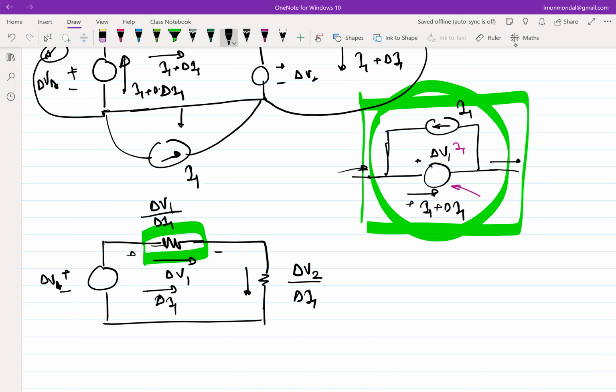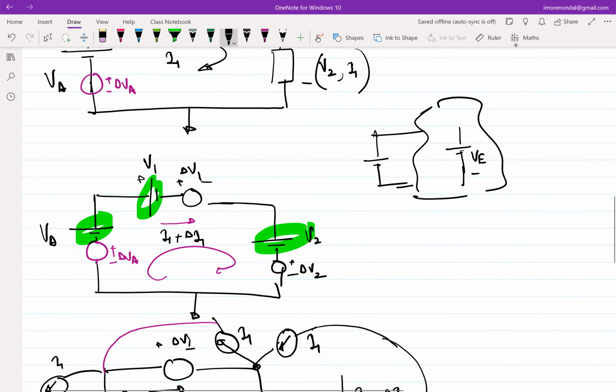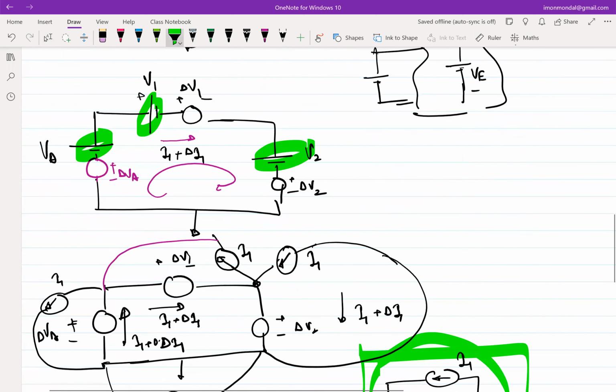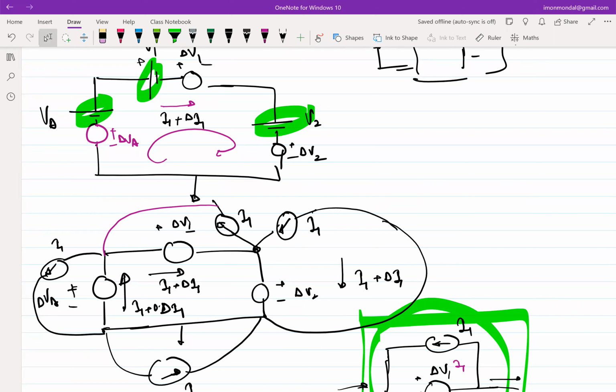His question is: where is this kind of black box in the original circuit? That black box you can think of as this. And in the incremental circuit, how do you see this black box?